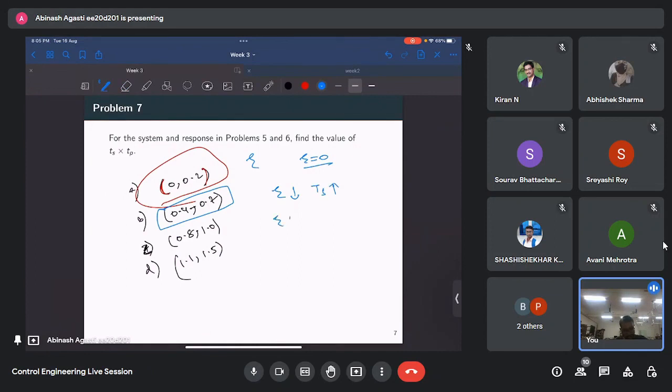So I want to have as high zeta as possible, so that settling time will be as low as possible. And 0 is the marginally stable thing. So if I increase zeta, then I'll have lower settling time and I'll be far away from the marginally stable situation. So I'll be comfortably in the stable zone. So I guess we can go with option D and take an overdamped system.